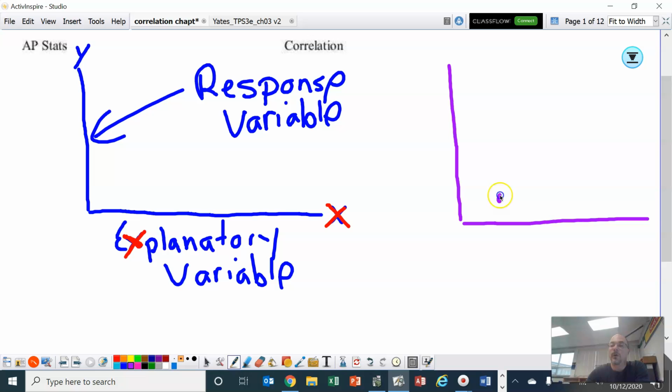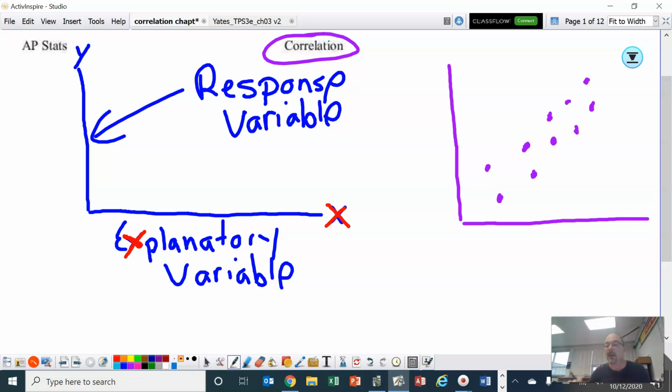All right, so we know, remember, these are scatter plots, and that means the dots are not going to be in a perfectly straight line. Okay, they're going to be scattered. They're either going to be scattered close together or they're going to be scattered further apart. That's where the correlation comes in, and we'll get to those details in a little bit, and having the calculator do that.